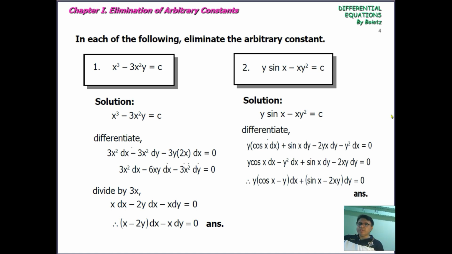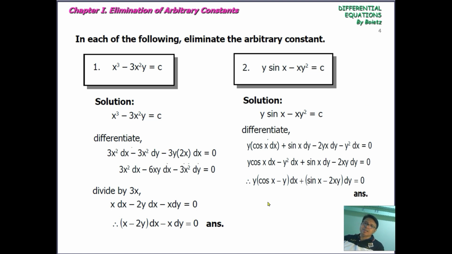You will notice that we also got the answer. By simply differentiating the equation, you can eliminate the arbitrary constant. So, that is what happened in these two problems. You will also notice in the answer that in the arrangement of differentials, dx always comes before dy. Like here, dx first, then dy. Here, dx then dy. It should be like that, because this is the normal arrangement of differentials in a differential equation. Again, this final answer is the differential equation of this equation.